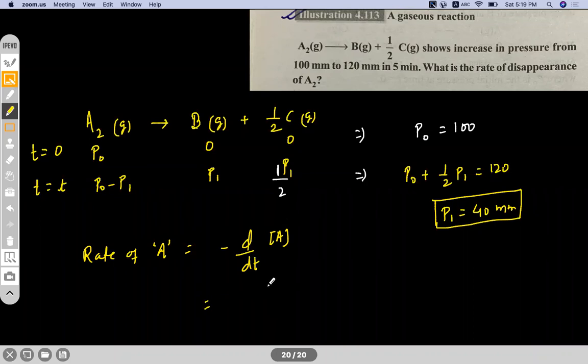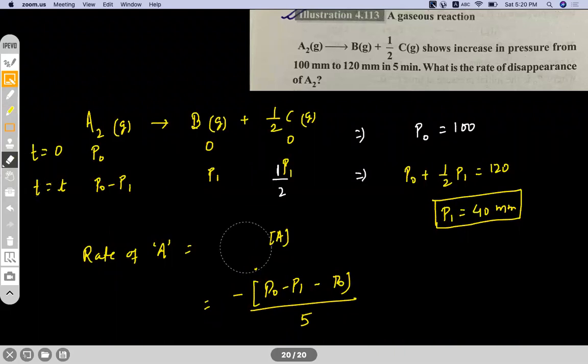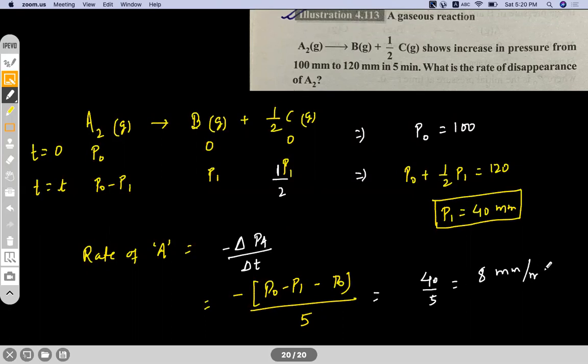Better if you write the average rate, that is minus delta of pressure of A divided by delta of T. So it would be 40 divided by 5. So it is 8 mm per minute. This is the answer we get.